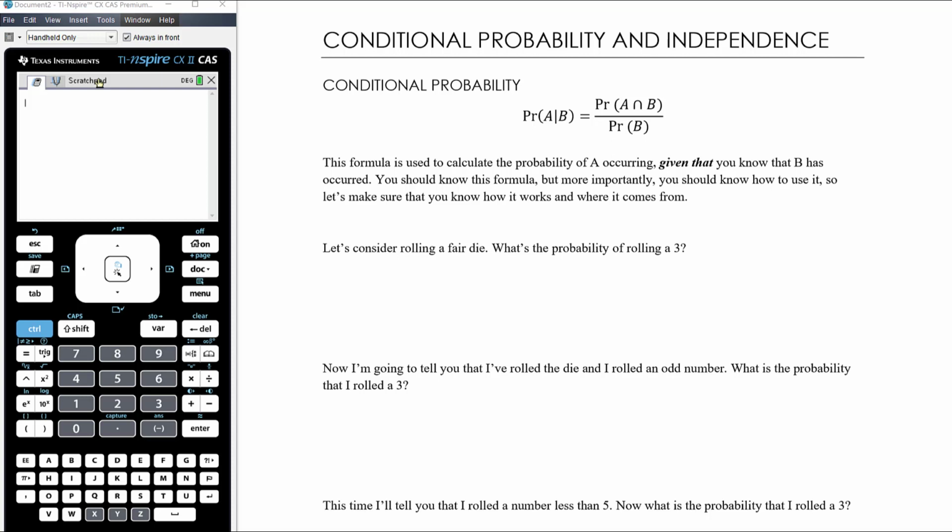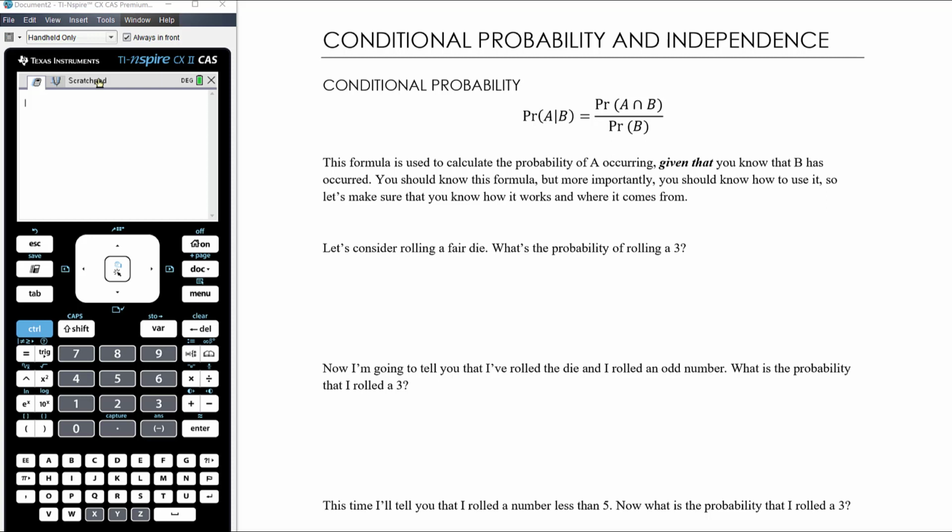Okay, so I'm going to start by giving you the formula, but I want us to then gradually explore why this is the formula, because conditional probability is actually a really logical thing, and if you get too bogged down in just understanding it as a formula, you lose track of what's happening. However, when we are calculating a conditional probability, that is the probability of A given B, which is how we read that, by that I mean we're calculating the probability that A will happen given that we know that B has happened.